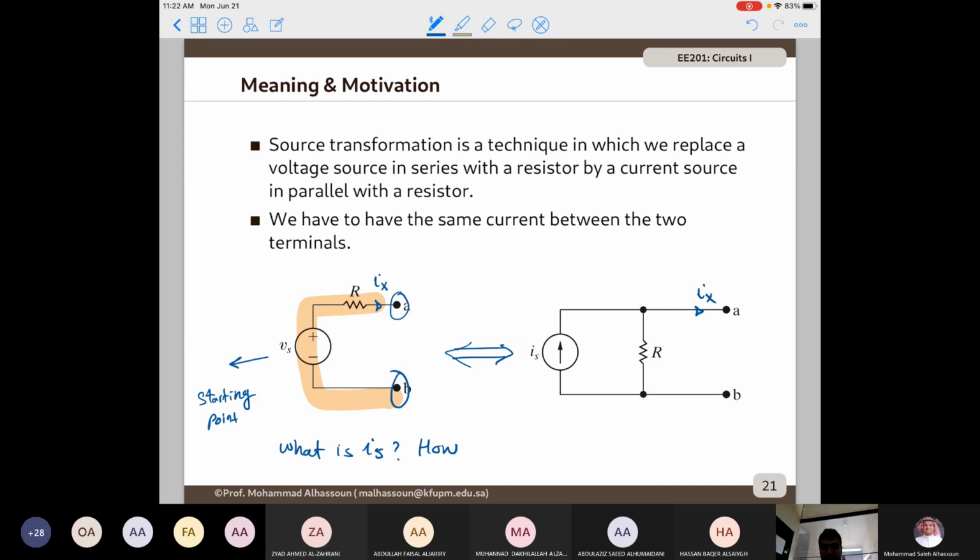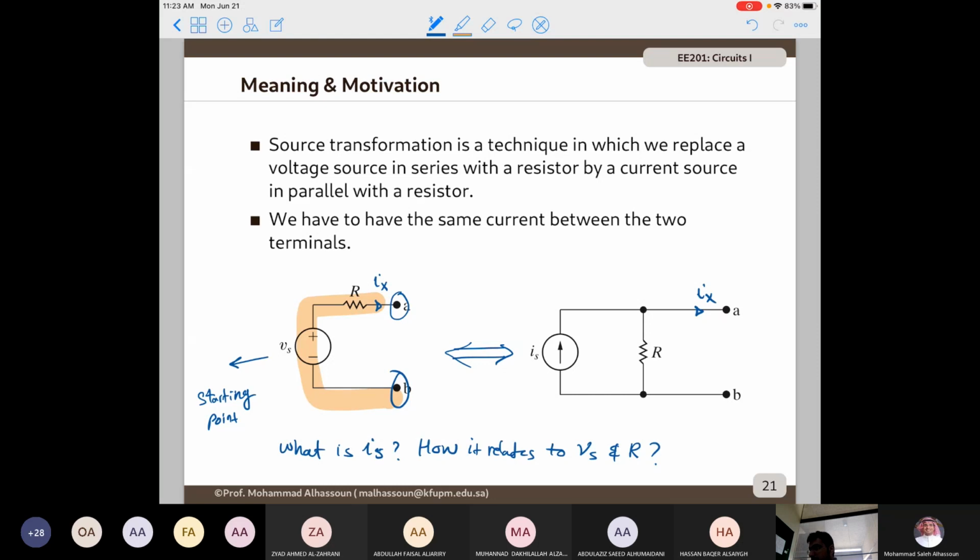And this equivalent circuit is going to guarantee the same current between the terminals A and B. So how does it relate to Vs and R?